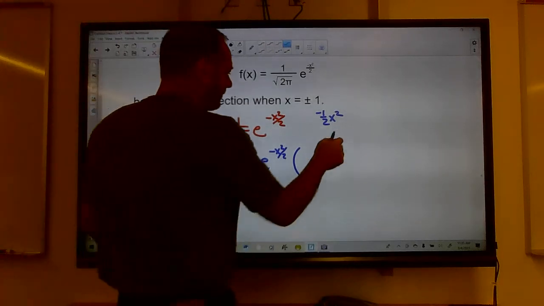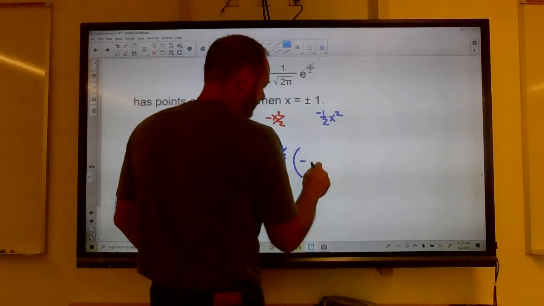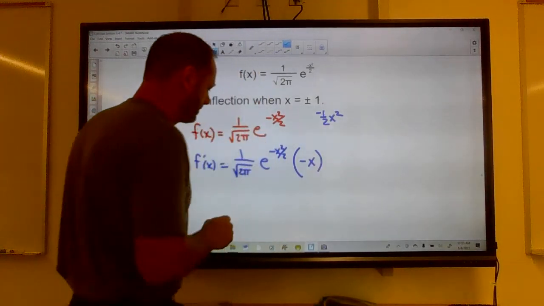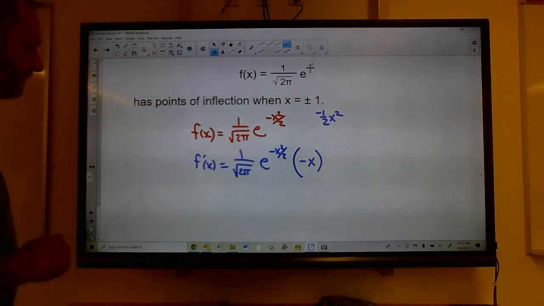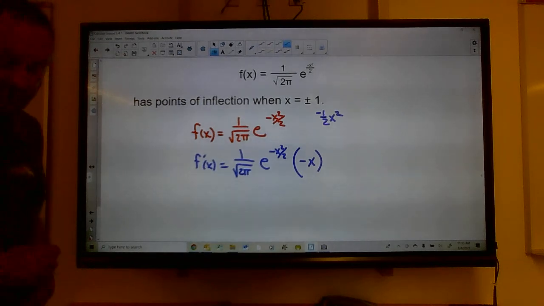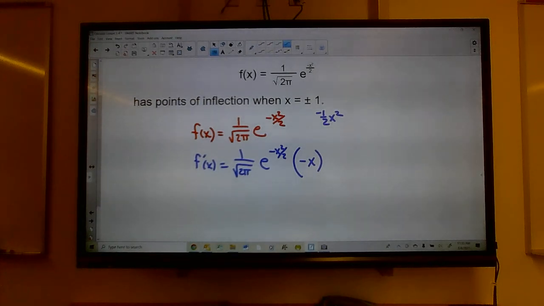Okay, so this is going to be negative x. Okay, so there's the first derivative. Let's double check and make sure that we got that right. Yes, we did. Okay, so now we're going to take the second derivative.